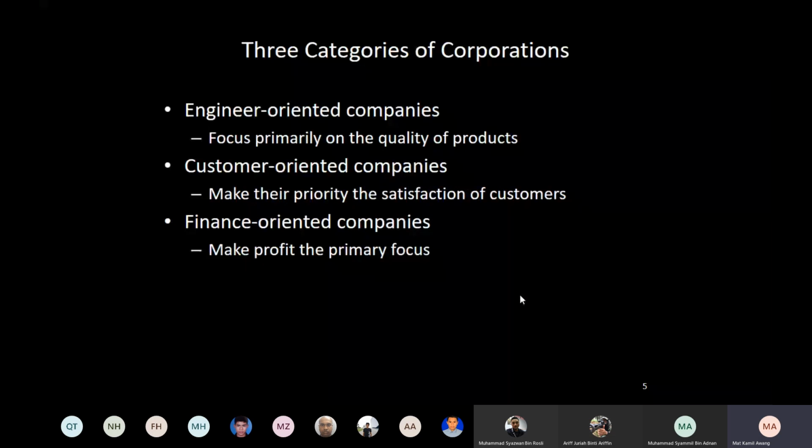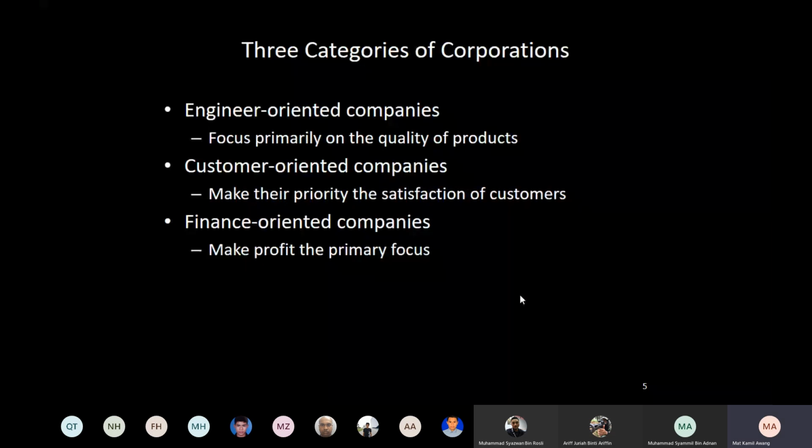Another type is customer-oriented companies. Their priority is the satisfaction of the customers. They are very good in serving the customers. If you call them, they will answer you very promptly. They will make you comfortable.